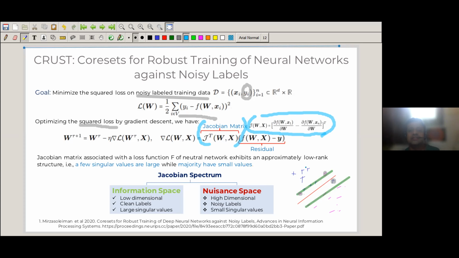Now, this exhibits a low rank structure. What it means is that there should be more signal and less noise that you want to extract. What is a signal? The signal you would expect to be low dimensional, clean. This is what we expect from a signal. Clean, large singular values, and so on.